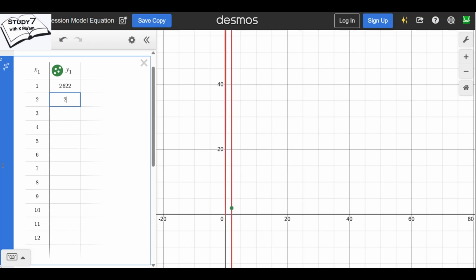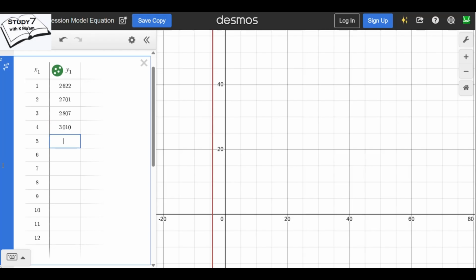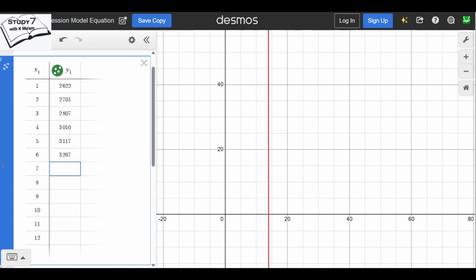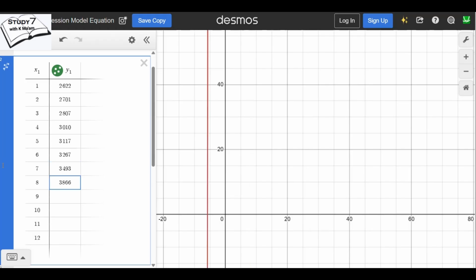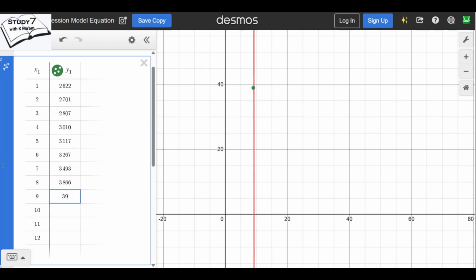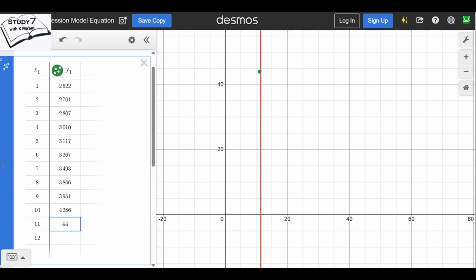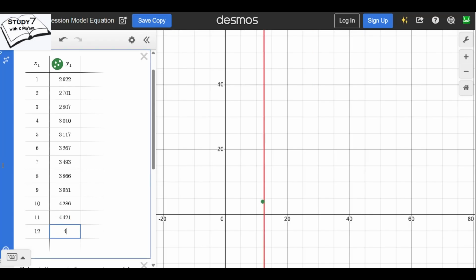For 2 the value is 2701, then 2807, 3010, 3117, 3267, 3493, 3866, 3951, and then the value for 10 is 4286, then 4421, 4316. Okay, so we get it like this.